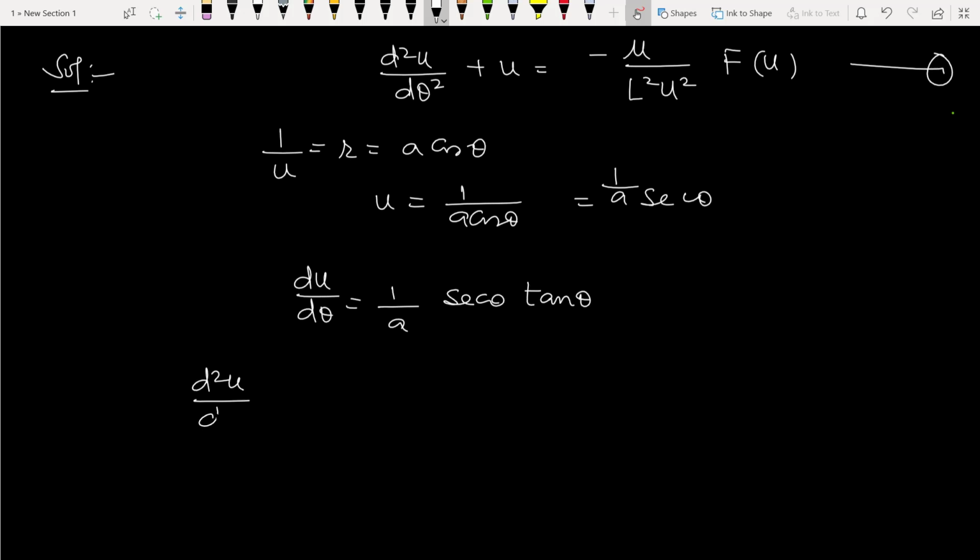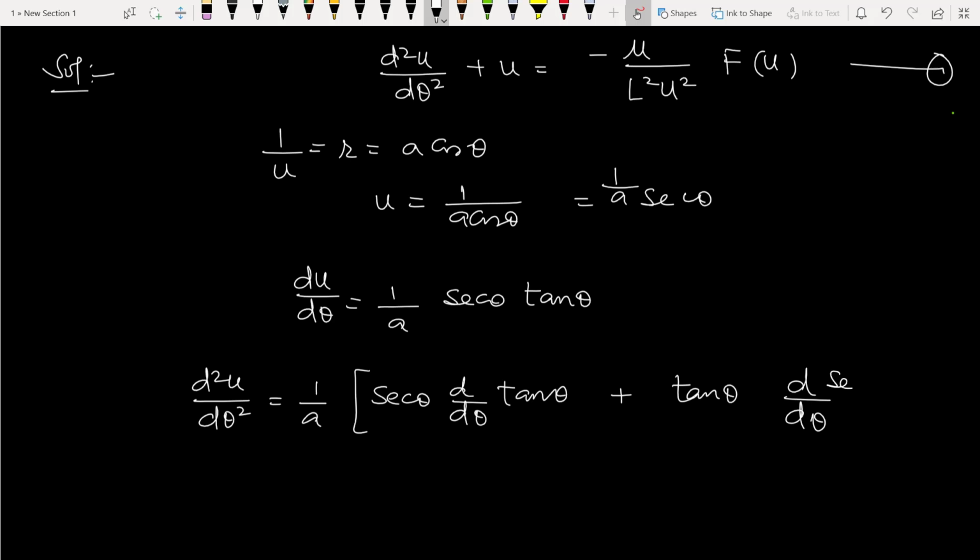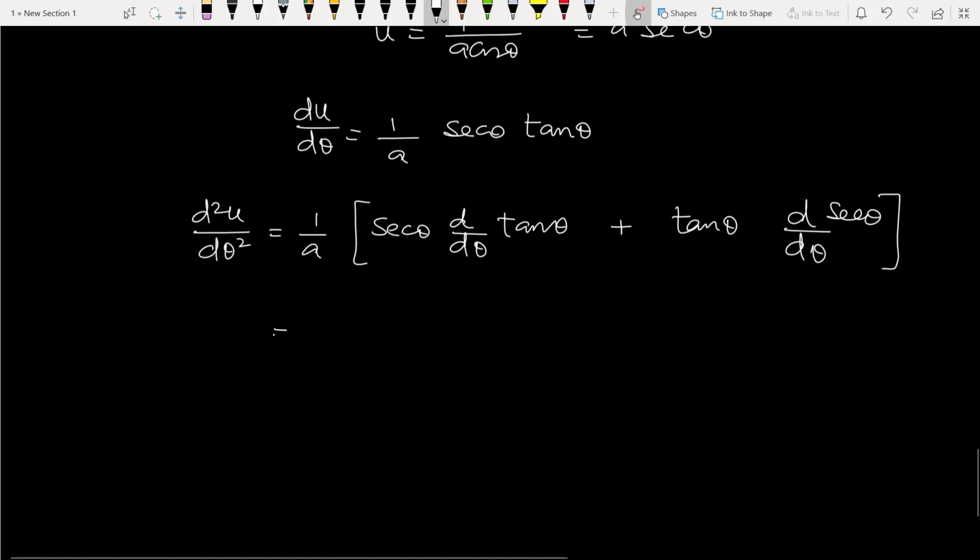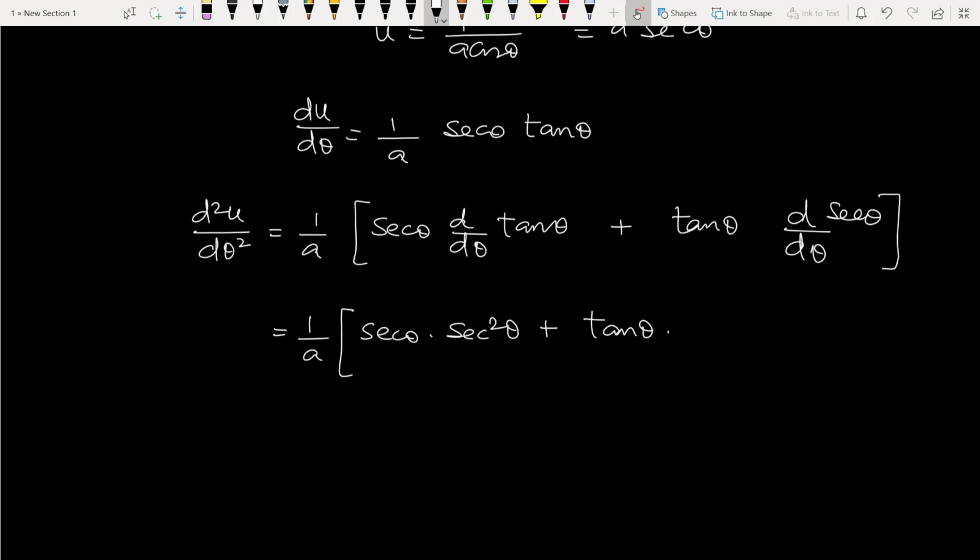Now we do double differentiation: first function as such, derivative of second function, plus second function as such, derivative of first function. So this is 1 by a secant theta, derivative of tan is secant square theta, plus derivative of secant which is secant theta tan theta.